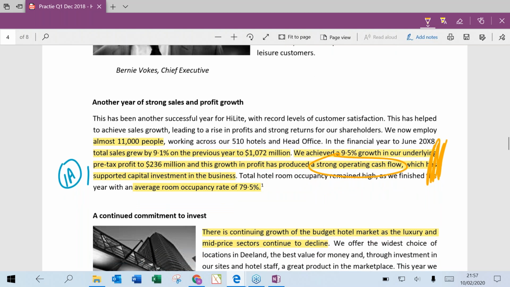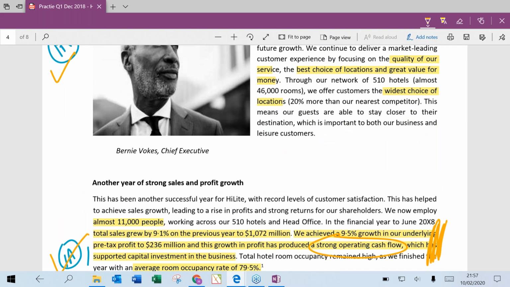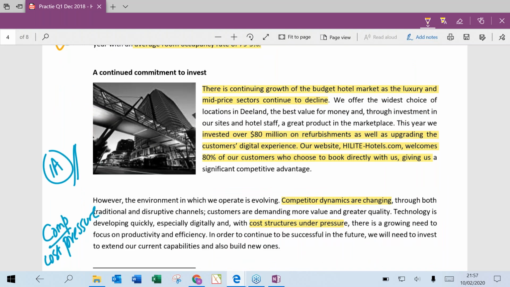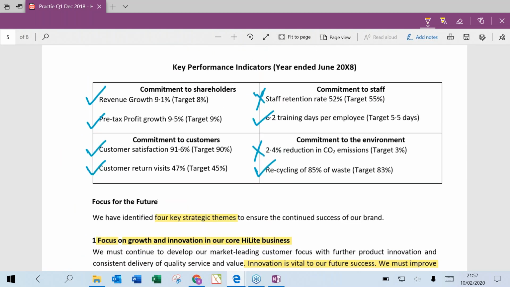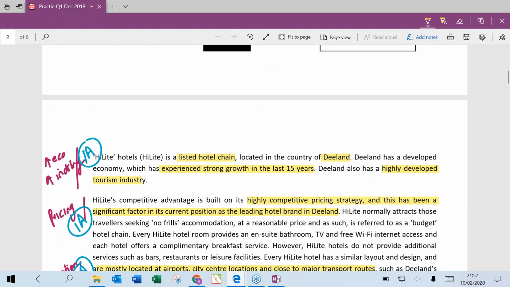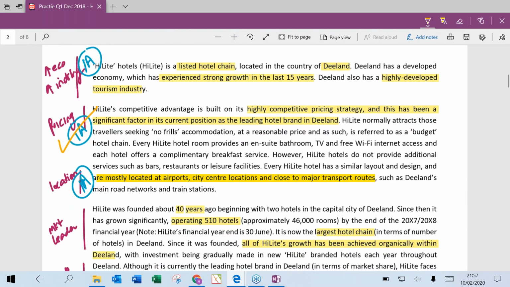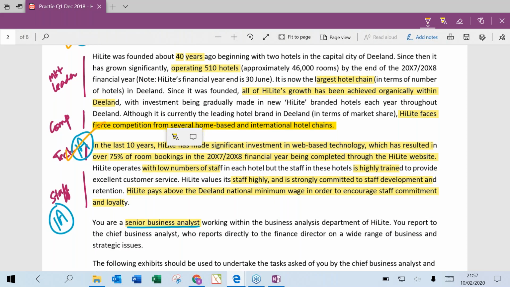One is financials. We talked about brand and employees. Investing in technology and refurbishment. That's one point. And then there were some points in the introduction as well. I remember all these things. Good competitive pricing strategies, excellent locations near airports, technology. So let's merge all these points and come up with 4 or 5 strong points for internal factors.